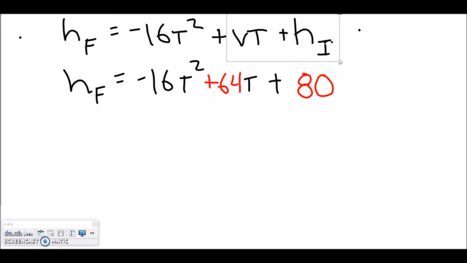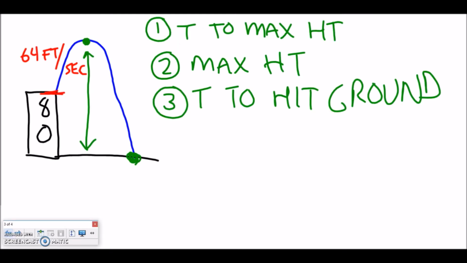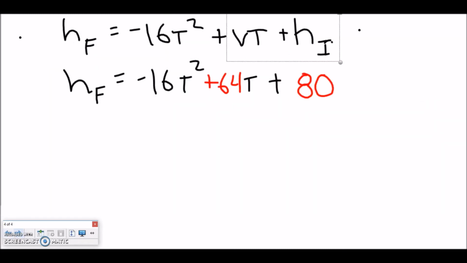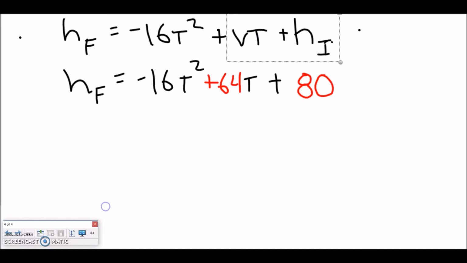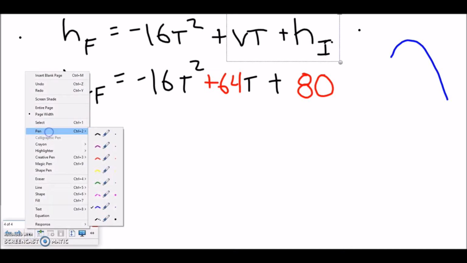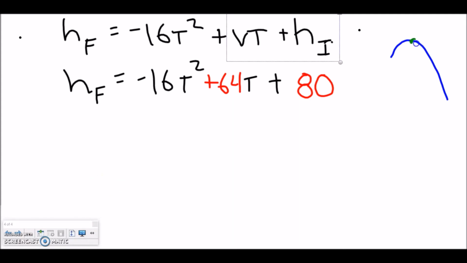All right, so how can we figure out the top of that parabola? Well, I'm going to draw one here just so we have it for reference. It kind of looks like that, and we're looking for this top part. Well, what would we call this green point? This green point is called the vertex.